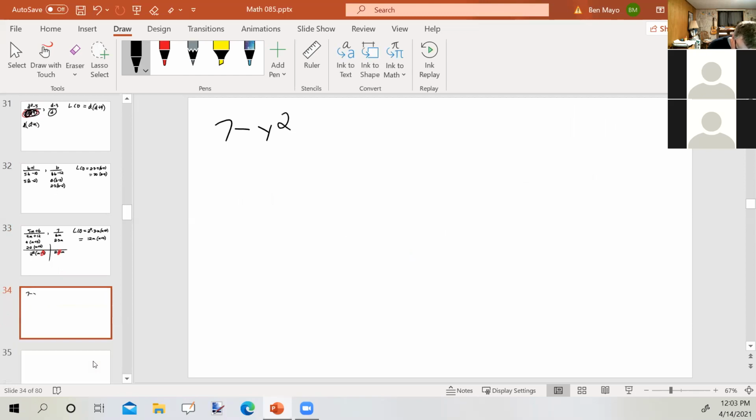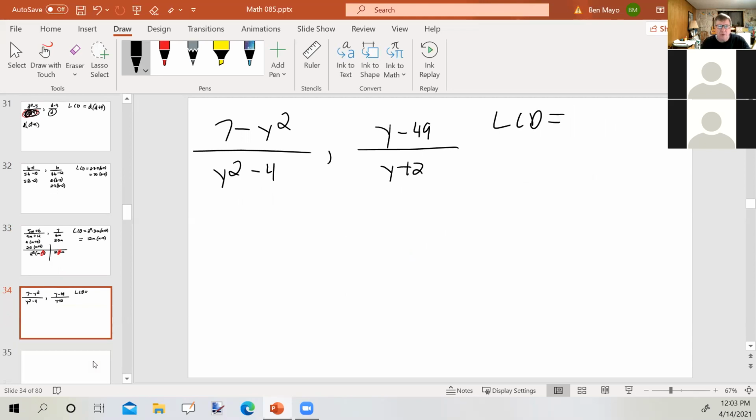7 minus y squared over y squared minus 4, and then y minus 49 over y plus 2. And we're supposed to find the LCD. So I'm going to factor the first denominator. I'm going to get y plus 2 times y minus 2. The second denominator, when I factor, I just get y plus 2.